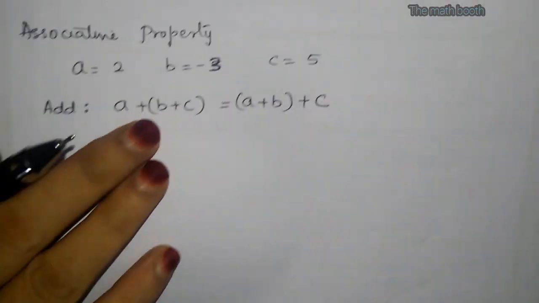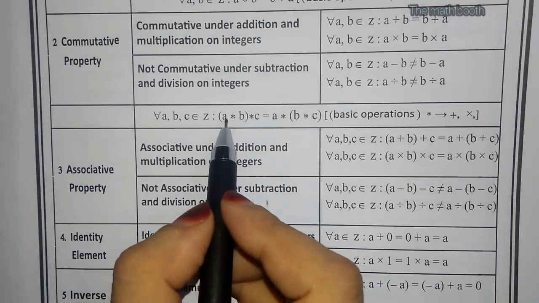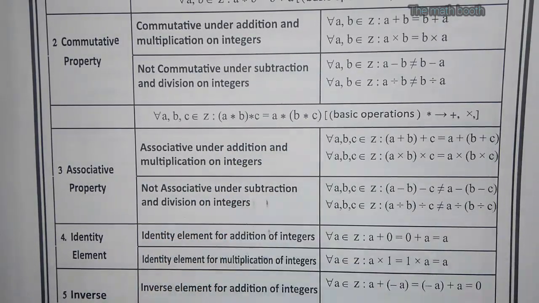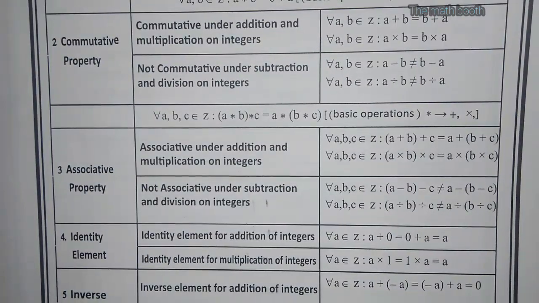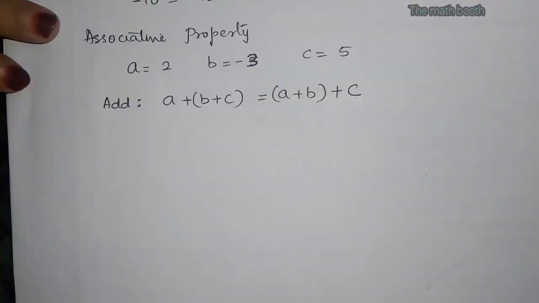Let us see once. Yes, see, A star B star C is equal to A star B star C. Now for addition, in place of the star, we place plus.